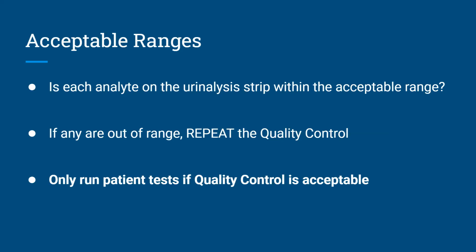So whenever you're running, and you do run QC, and you have your timer and you have your results, it's each analyte on the urinalysis strip within the acceptable range.